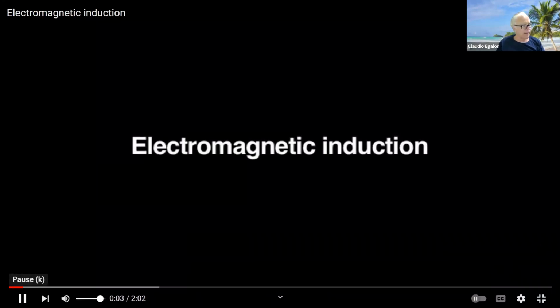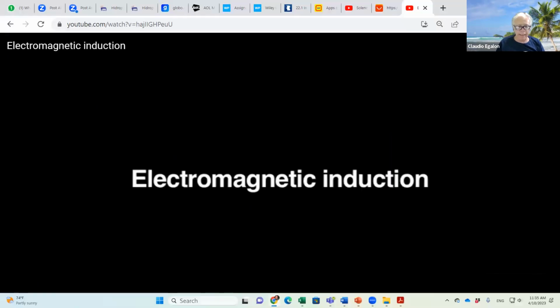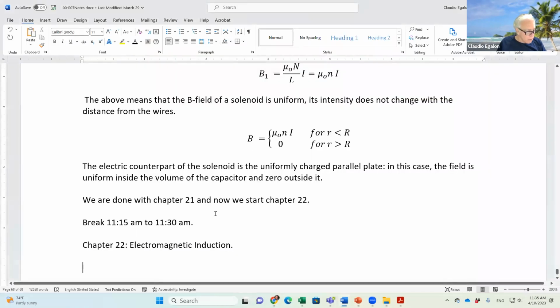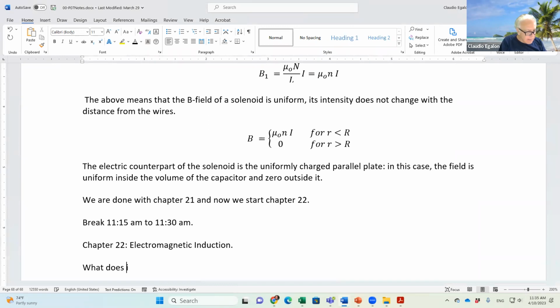Okay, electromagnetic induction. What does it mean? Let me write that down here for you.